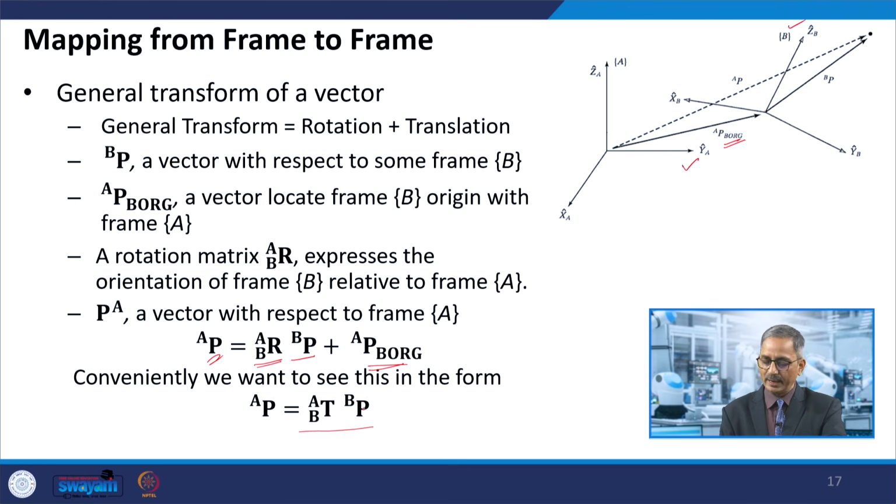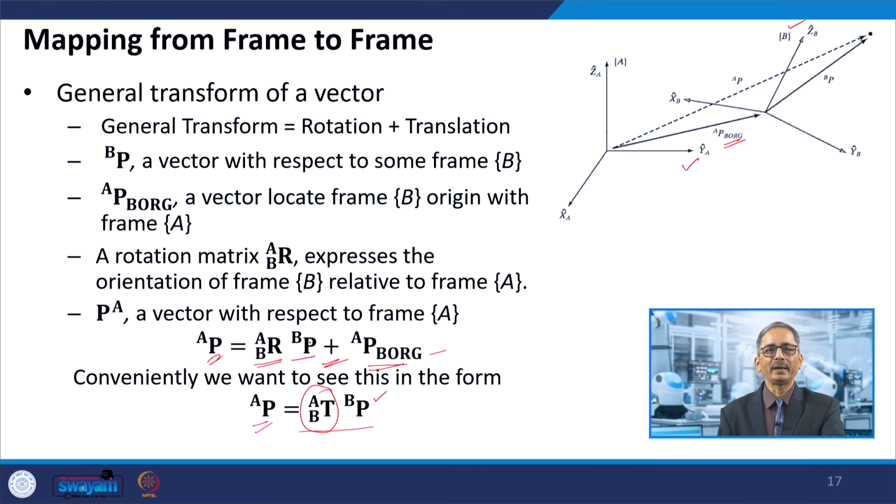My description of P is given with respect to frame B, and I have a matrix which, when multiplied to this vector P B, gives me P A. This way is very convenient as compared to the previous way where we have a summation.